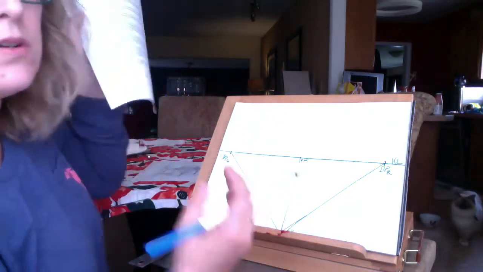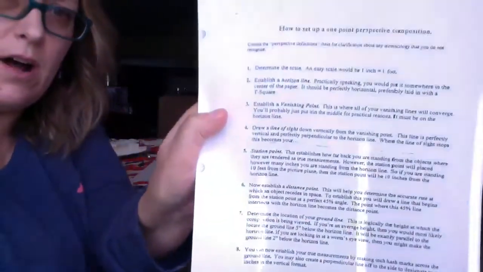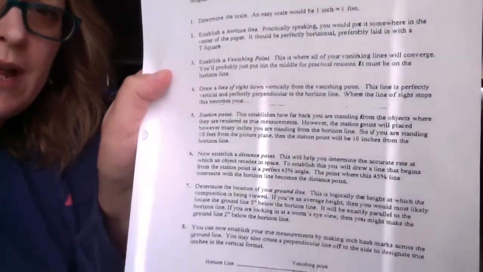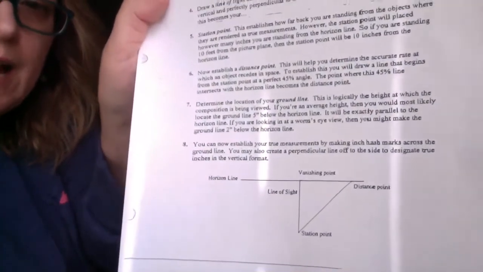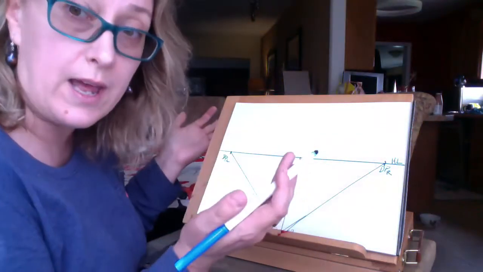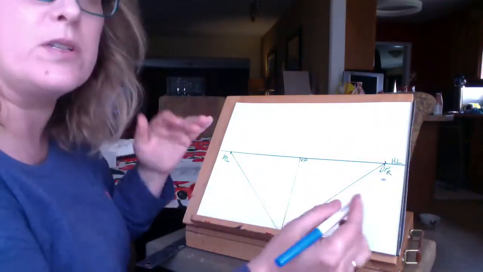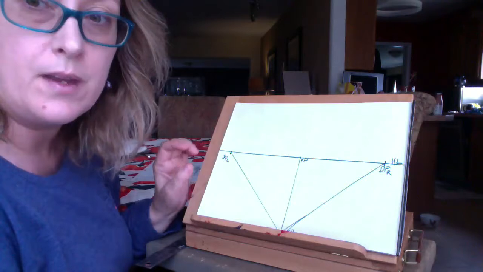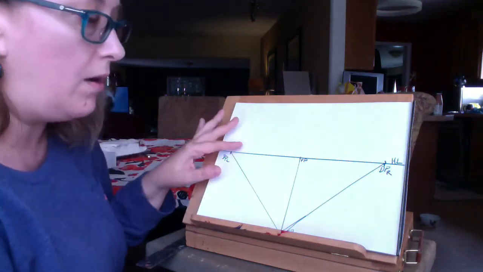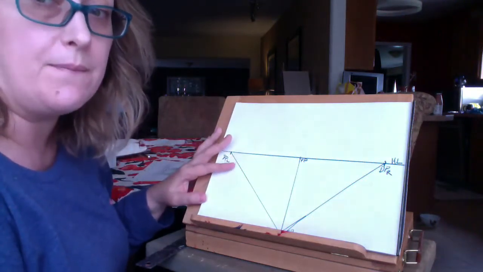And then you also have this sheet called How to Set Up a 1-Point Perspective, and it gives you a list and a diagram at the bottom. So in your packet, you can refer to that in order to set up this main grid. The main grid here that's really important, we begin with every time, okay?